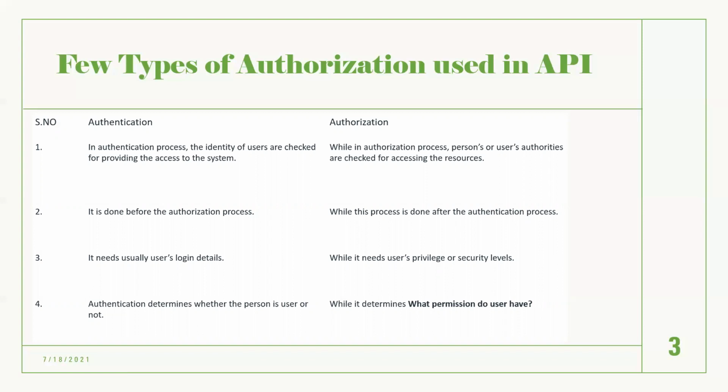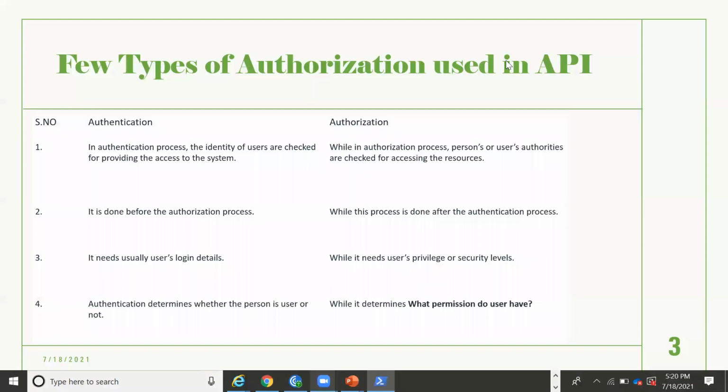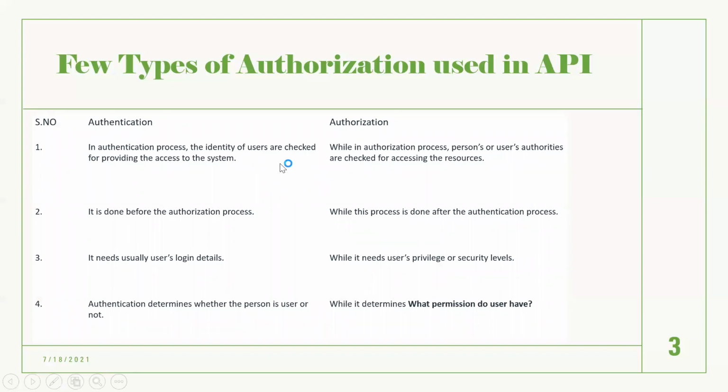That is your authentication. While in the authorization process, users' authorities are checked for accessing the resources. Once you get the authentication, you will get one authorization, right? By using that, if you give that authorization, do we have access for this or not? Is this authorization valid or not? If we check that, that would be authorization.